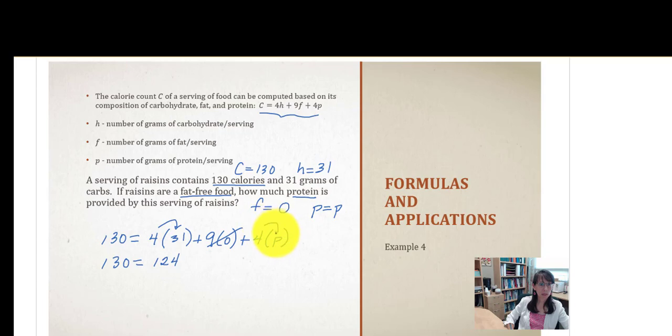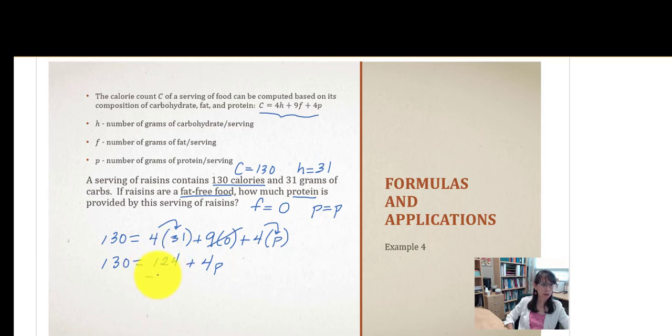And finally, 4 times P is 4P. Now there's no need to keep writing the parentheses. We know that 4P also implies multiplication. So notice that 2 of the terms are constant terms and only 1 of the terms is a variable. So 4P is going to remain where it is, and we somehow need to move 124.